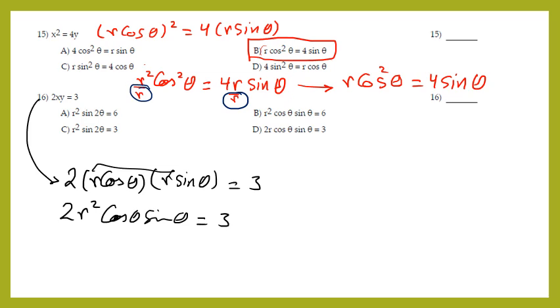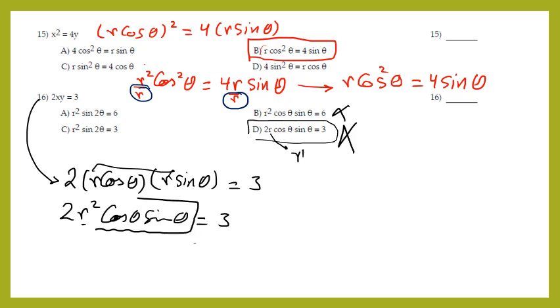So what is the right answer here? Some students may think that it's D, but as you can notice, the r here is r to the power 1, so it's not D. Why? Because where is r squared? And it's not B. For students who don't know the identity, 2 multiplied by cosine multiplied by sine is equal to sine 2 theta.